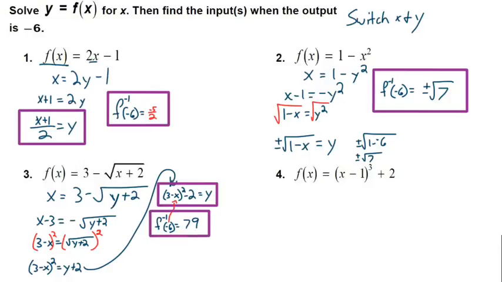Alright, last but not least, number 4. First things first, when finding an inverse, switch x and y. All right, so x minus 3 equals y minus 1, cubed. To undo the cube, raise it to the third root, because roots and exponents get rid of each other.